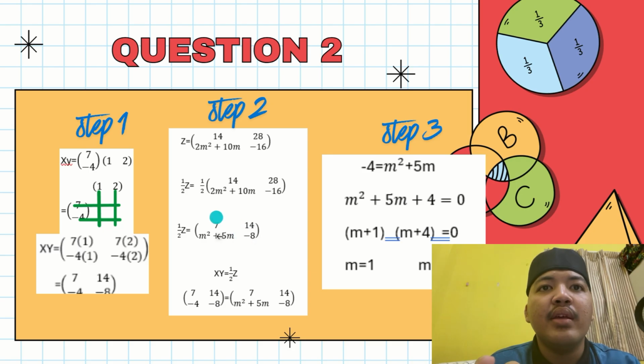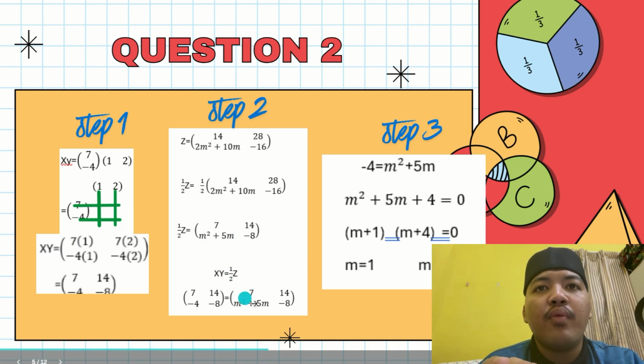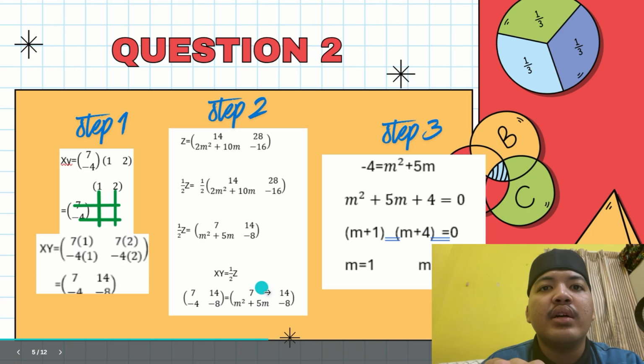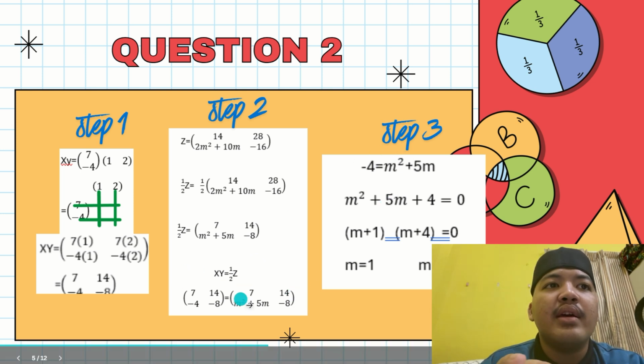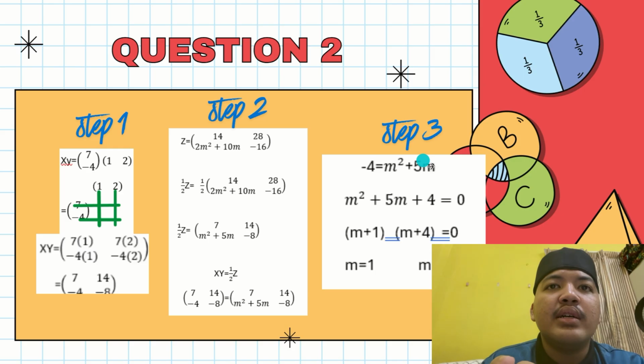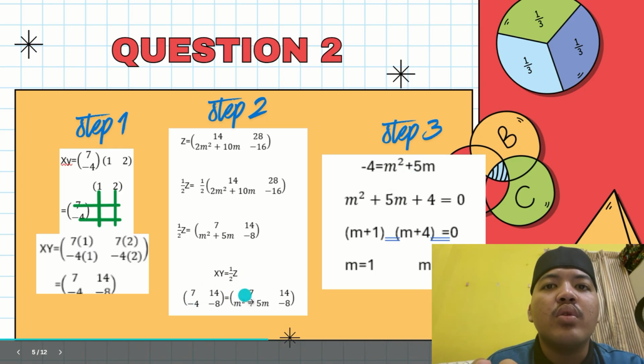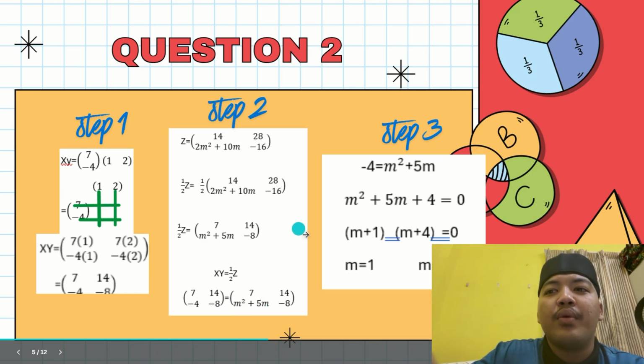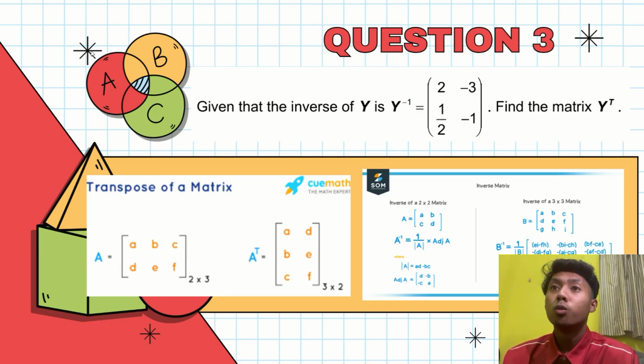When we want to get the roots, we must do the steps like the example. So we use the steps, and we get that the roots are m equals 1 and m equals -4.